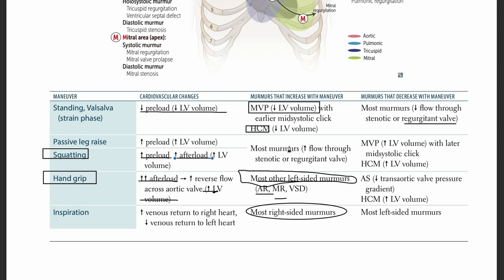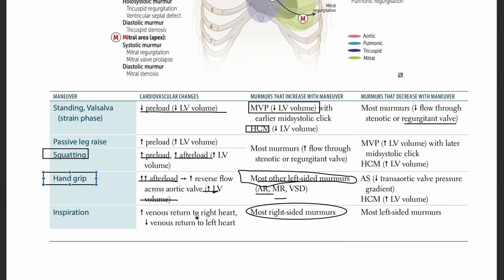And then most of them you'll hear, and the ones you won't hear are MVP and hypertrophic cardiomyopathy. Hand grip increases resistance, increases afterload. Right. So most of the left-sided ones are the heard ones, and you don't hear aortic stenosis and HCM for that.